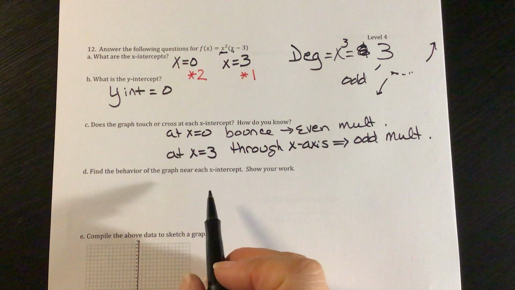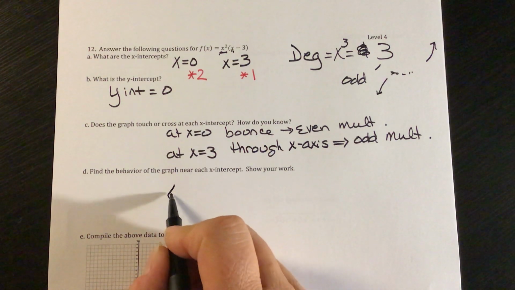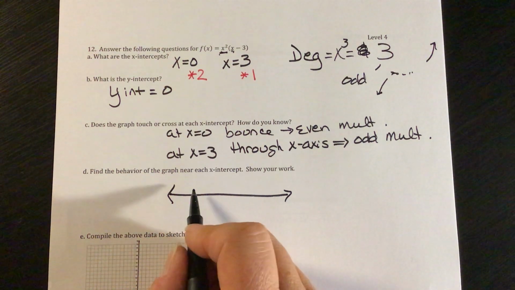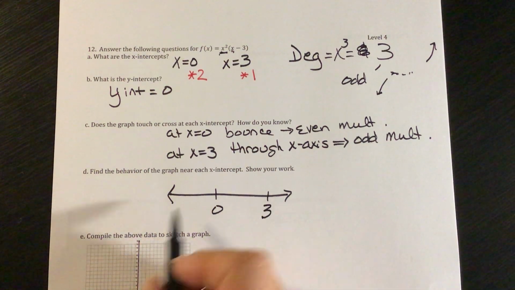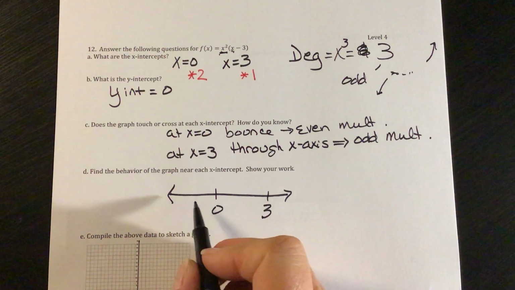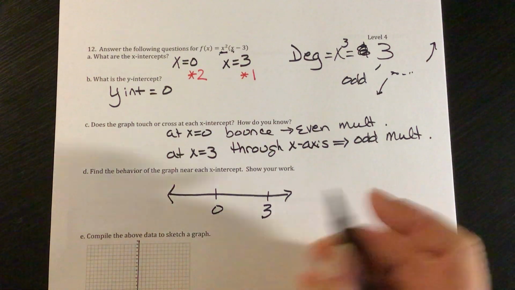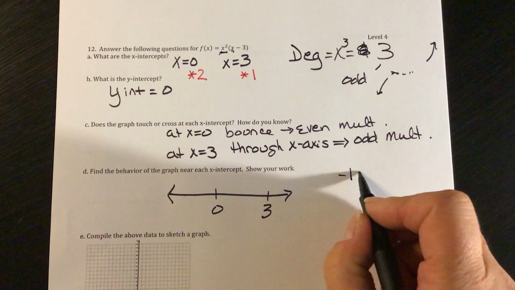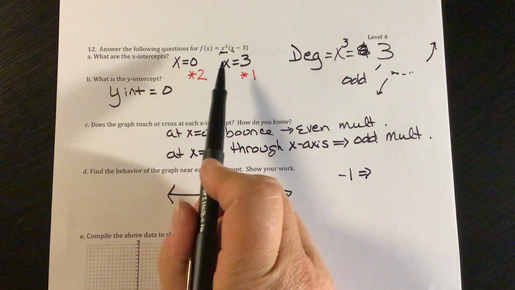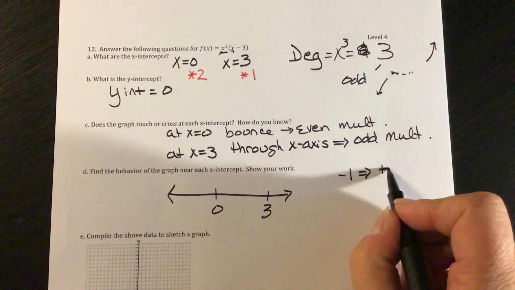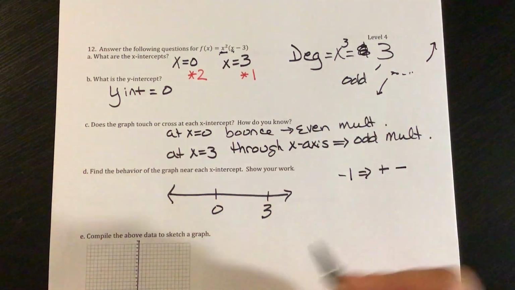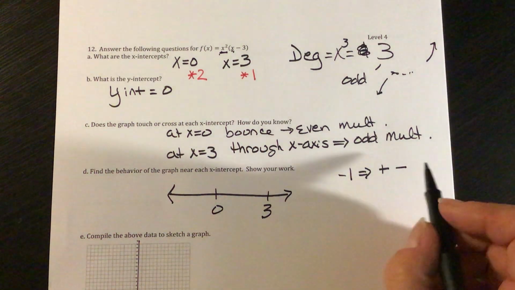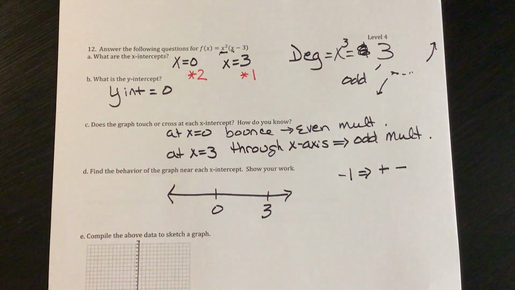So if I find the behavior of the graph near the intercepts, let's make that sign chart. I just have a 0 and a 3. A number less than 0 is -1. If I test -1, squaring -1 gives a positive, and -1 minus 3 is a negative number. So at -1, this is going to be negative.